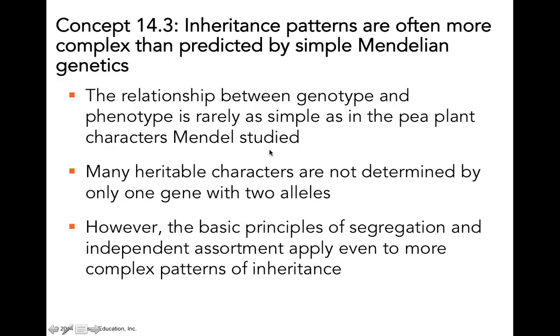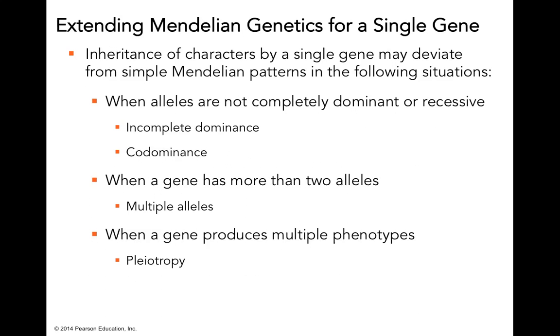And there are a number of reasons for that. For one thing in particular, genes don't necessarily only have two alleles. There can be more than two alleles for a particular gene. But even when we see multiple alleles, we find that there are some basic Mendelian inheritance patterns that we observe.